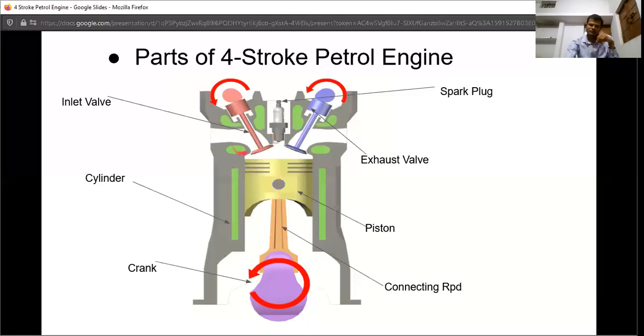It is used for admitting the mixture of air and fuel. This is the exhaust valve, and it is used for discharging the products of combustion. This white part is called a spark plug. The main function of a spark plug is to ignite the mixture.